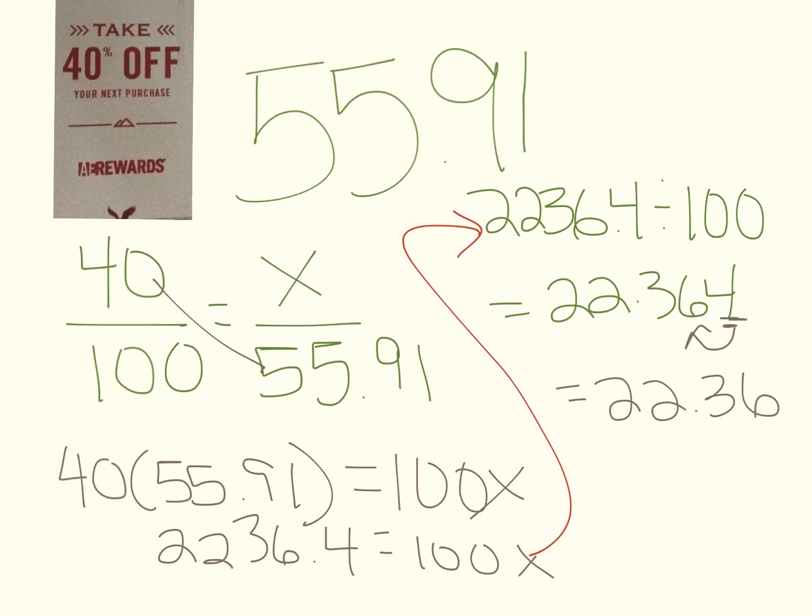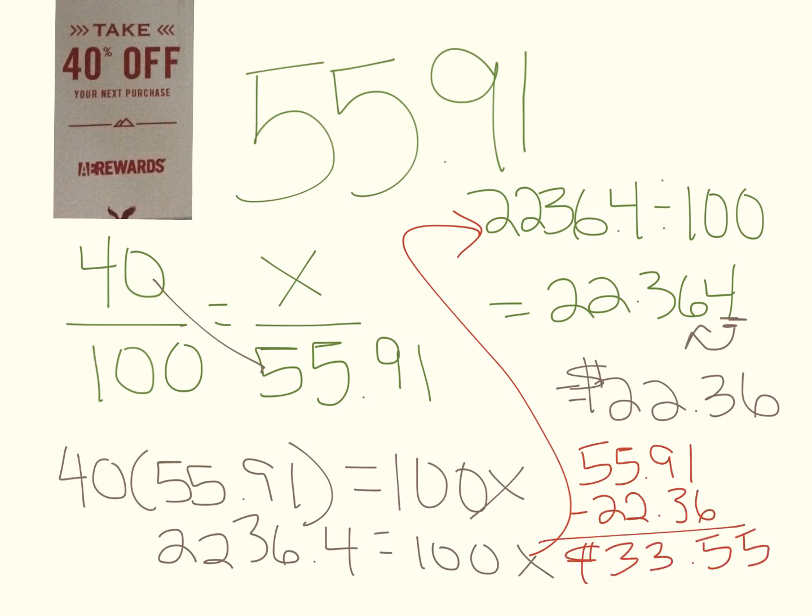The 4 would tell the 6 to stay the same, so I get $22.36 is my additional savings off of 55.91. So I got to do some subtraction again. 55.91 minus 22.36. What do we get? $33.55 is my total amount that I'm going to pay for these 3 shirts.